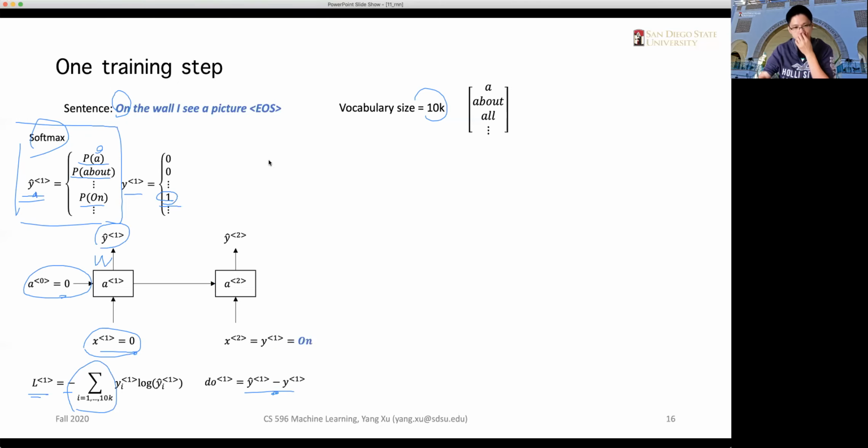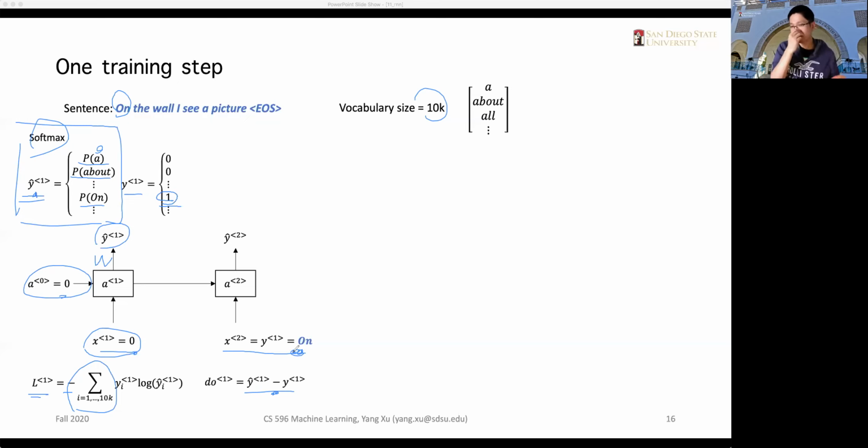Okay, so next is kind of tricky because we have predicted the first word, right? And we've got some loss. So we will need to use the activation from this first step to predict the second word. This time the input to the model is the first word, because we want to predict the second word on top of the first word.